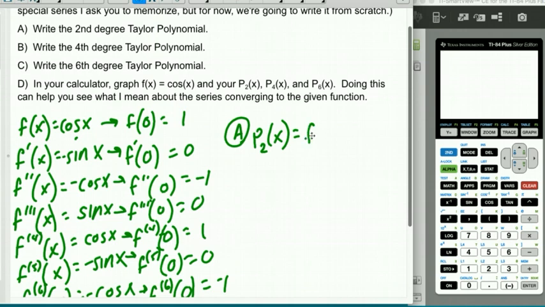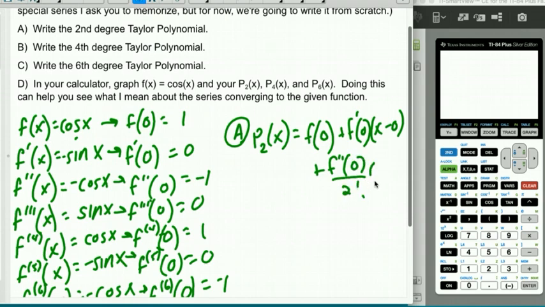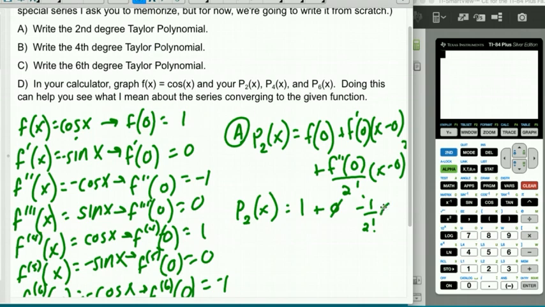That's going to be f of 0 plus f prime of 0 times x minus 0 plus f double prime of 0 over 2 factorial times x minus 0 quantity squared. So we can clean that up, right? We don't clean it up much, right? I'm just going to plug in the values. So that's a 1 plus this whole second term gets knocked out, the f prime term, right? And then this will be a -1 over 2 factorial times an x squared.